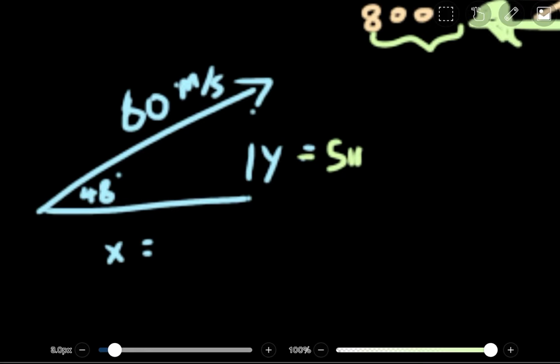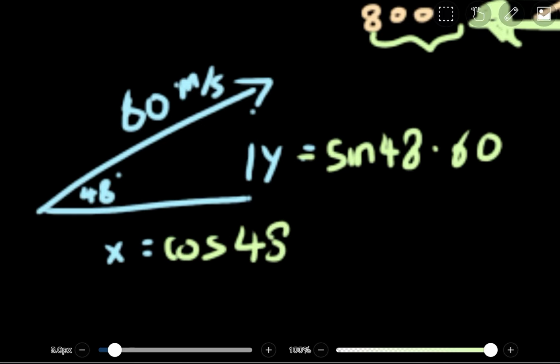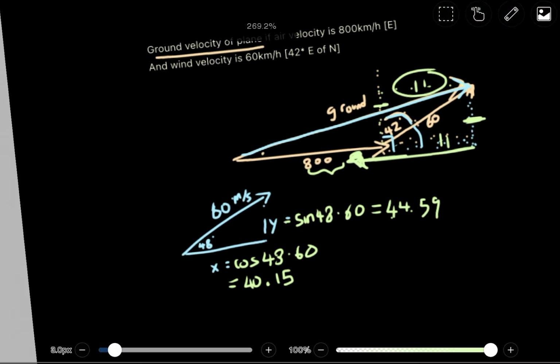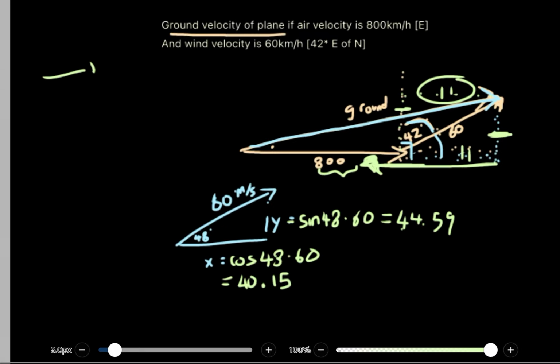The y will be sine 48 times 60, and this will be cos 48 times 60. This is 40.15, and this is 44.59.